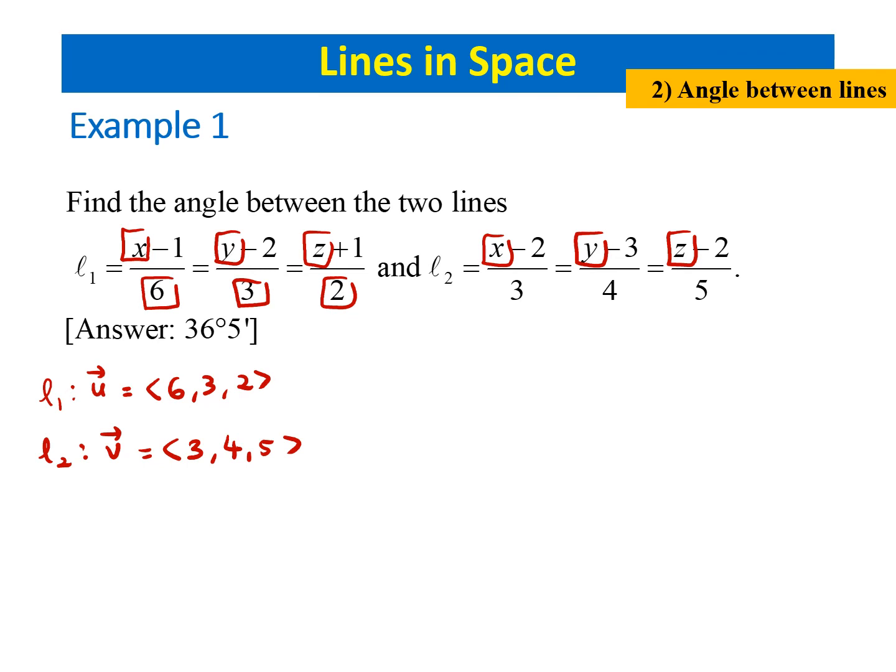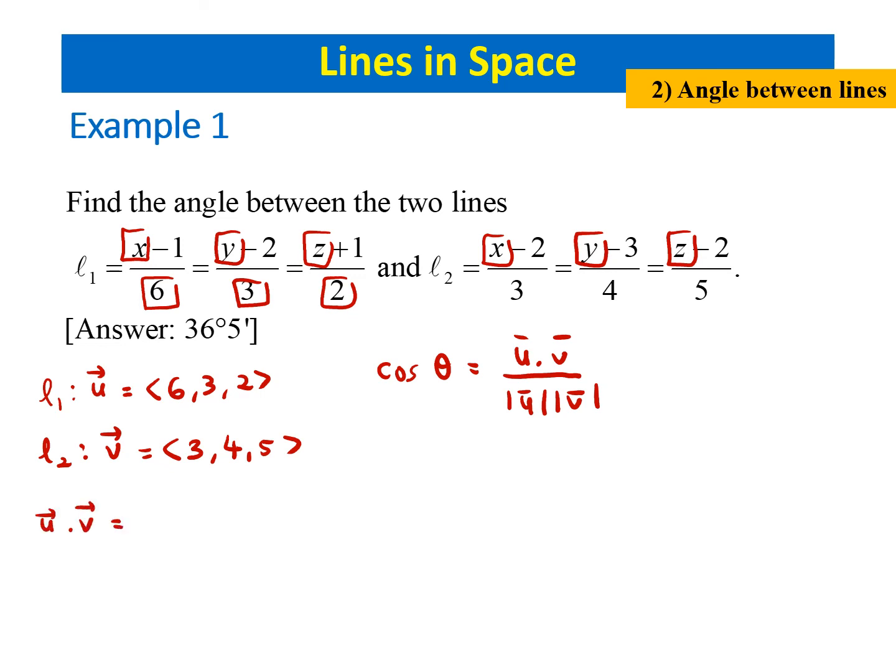So now to find the angle, we know the formula given is cos theta equals u dot v over the magnitude of u times the magnitude of v. First, we find the dot product u dot v.